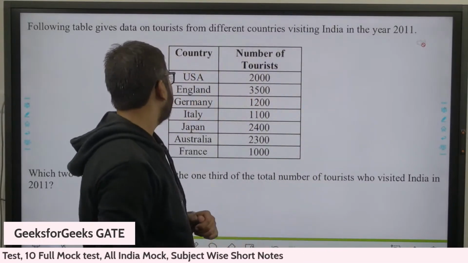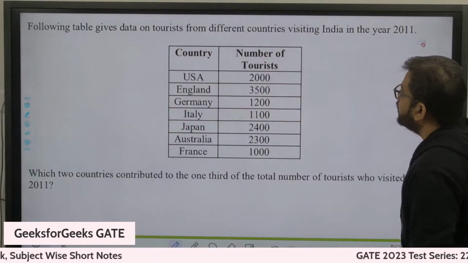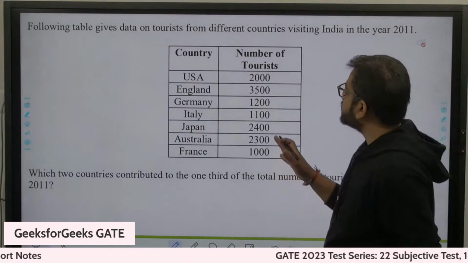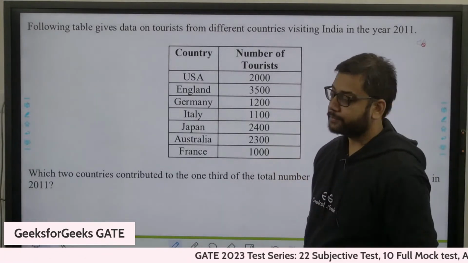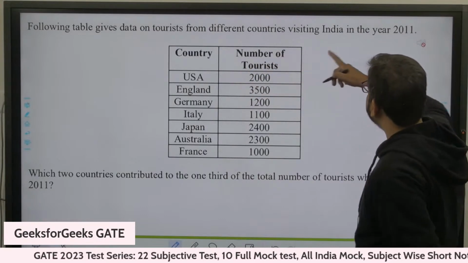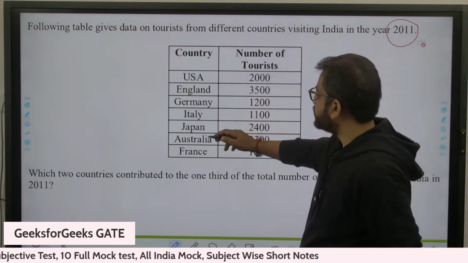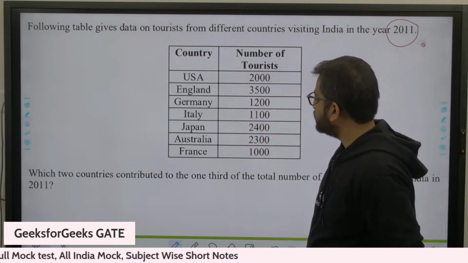I think we have one more question left. The question is about the country and the number of tourists. The following table data is given for tourists from different countries visiting India in 2011. The countries are USA, England, Germany, Italy, Japan, Australia, and France.